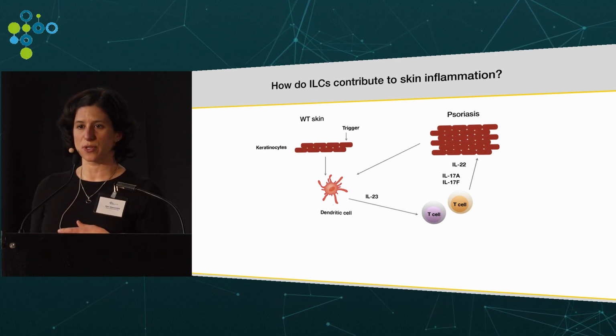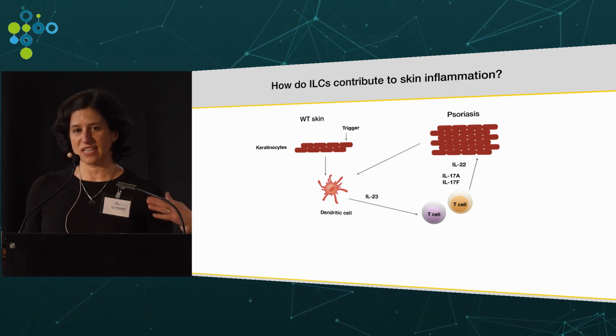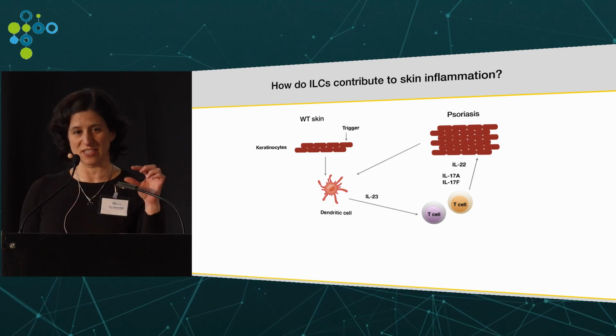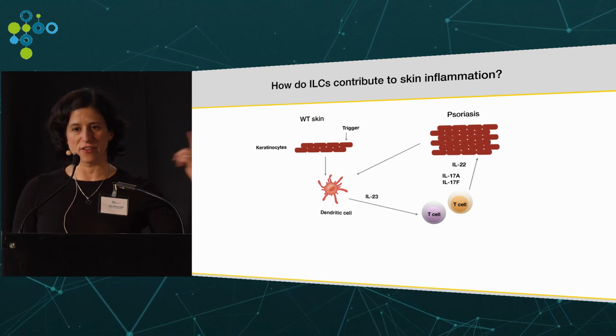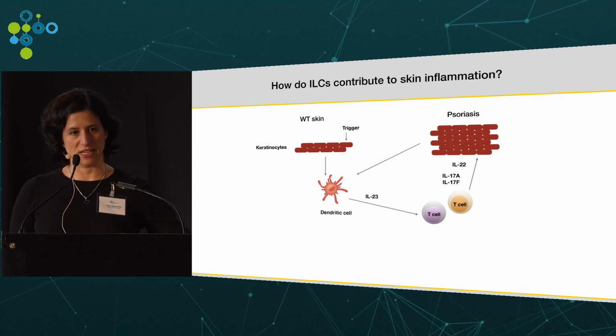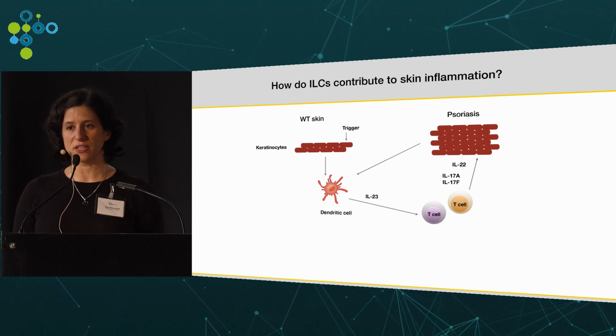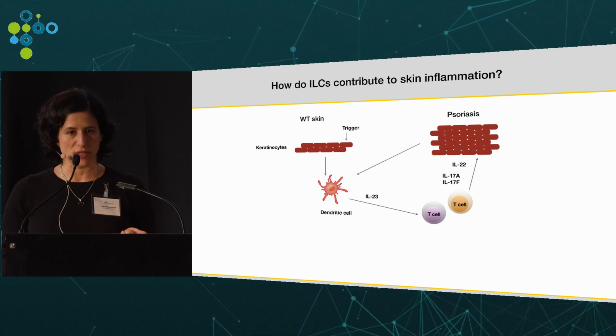And those T cells produce type 3 cytokines like IL-17 and 22, and that causes the keratinocytes to proliferate, to thicken, so you get these kind of thickened lesions on the skin. And then there's kind of a feed-forward cycle where you get signaling from the keratinocytes that causes that cycle to continue. And it's an extremely, extremely common immune condition.